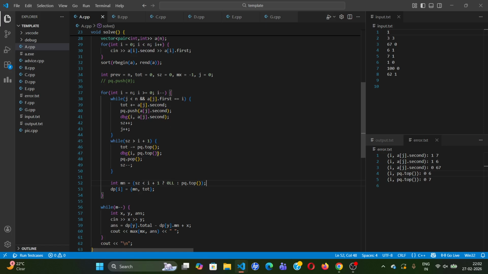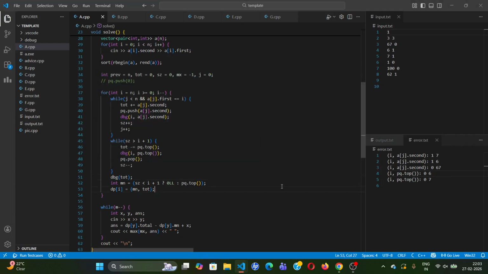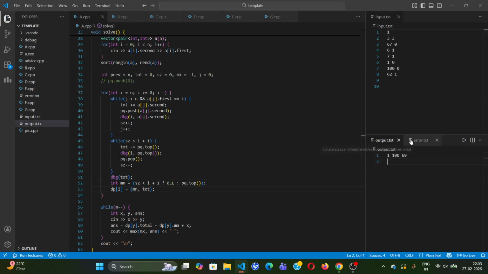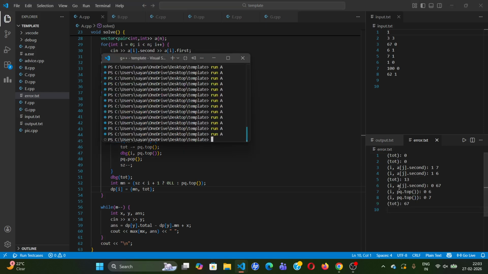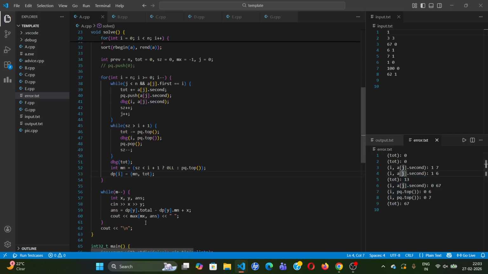Total plus equals to. But how is it then 1? Total 67. I think not answer.